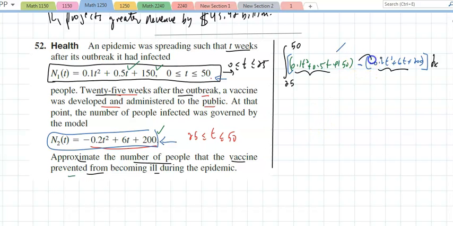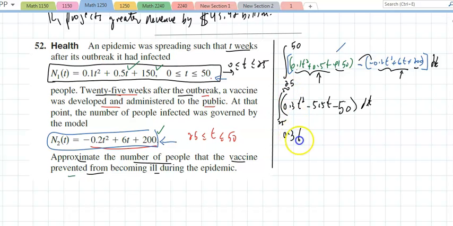So if I distribute that in, that's plus 0.1 plus 0.2 is 0.3t squared. 0.5 minus 6 is negative 5.5t. 150 minus 200 is negative 50. It's dt. So this would be from 25 to 50.